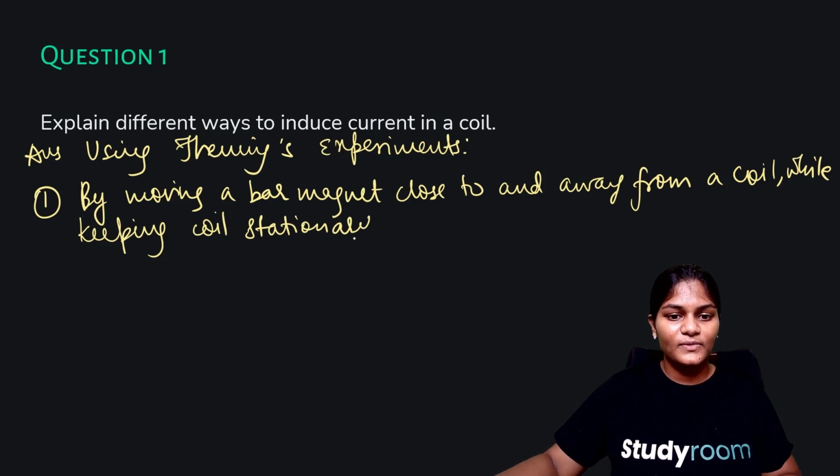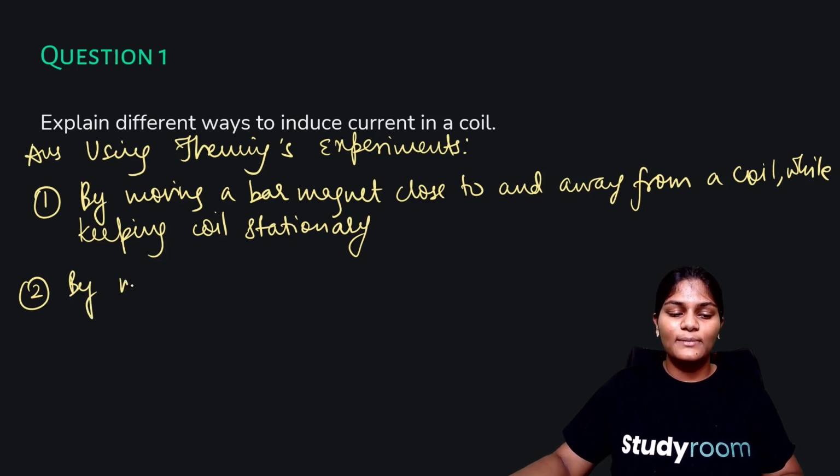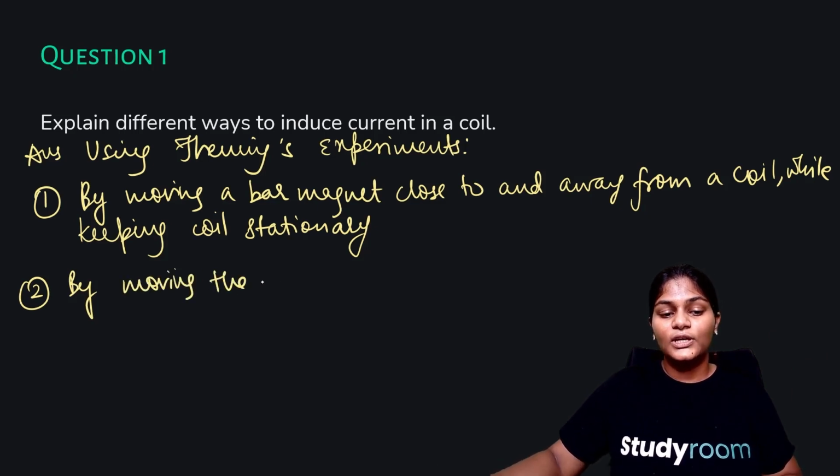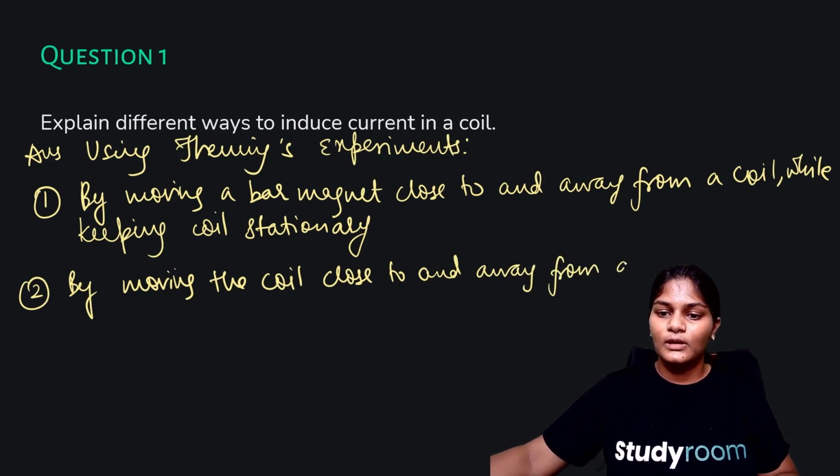The second was, in this same experiment, we can keep the bar magnet stationary by moving the coil, right? By moving the coil close to and away from a bar magnet that is kept stationary.